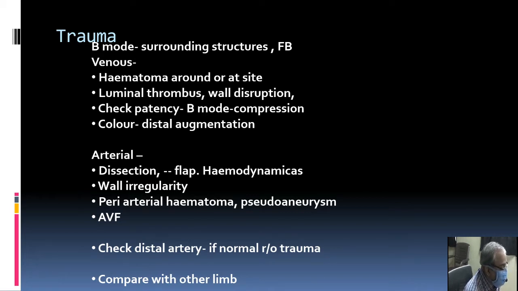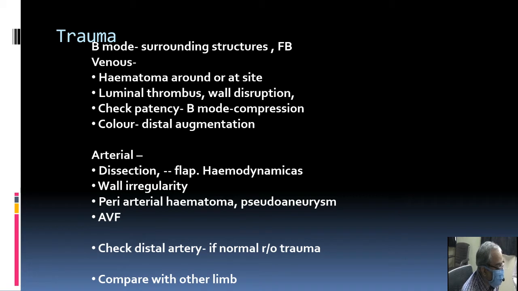There was a question, how to evaluate vascular structures in case of trauma, maybe blunt trauma or more importantly penetrating trauma. What we can do is first a survey to look for surrounding structures or foreign body in case of penetrating trauma.